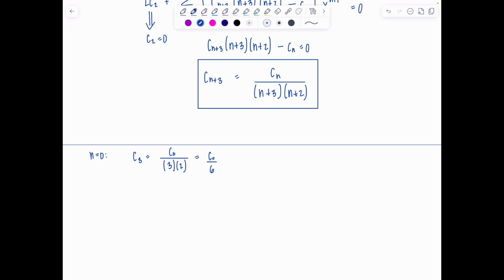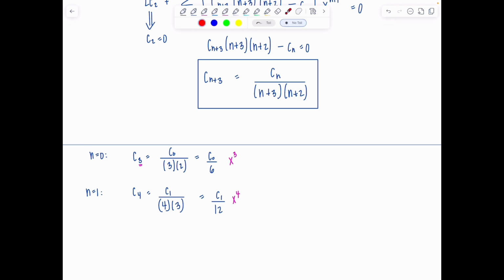And then this would be the coefficient on, do you remember? It would be the coefficient on x cubed because you look at the subscript here. All right, keep going. N equals 1. So that would be C4. That equals C1 over, n is 1, so this is 4 times 3. So this is C1 over 12. That's the coefficient on x to the 4th.